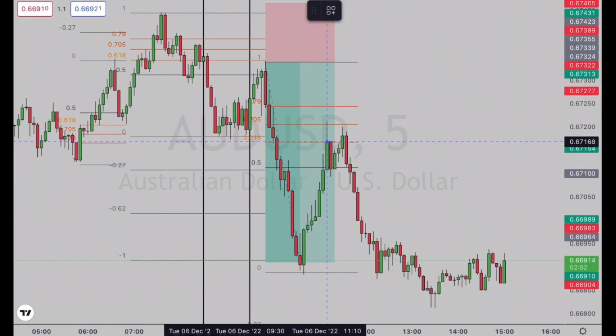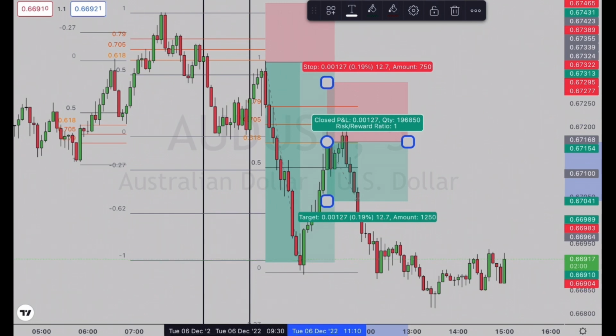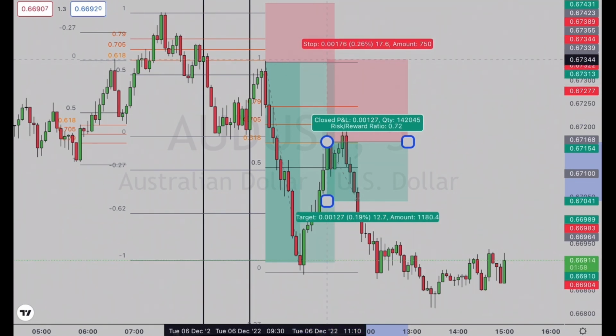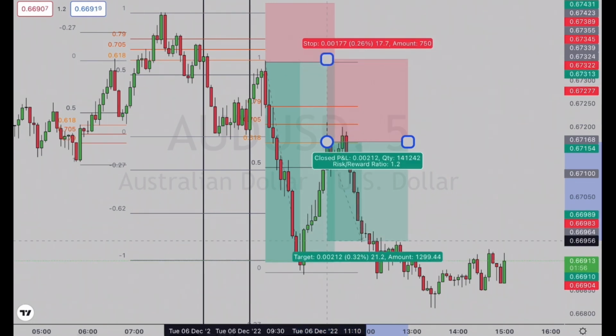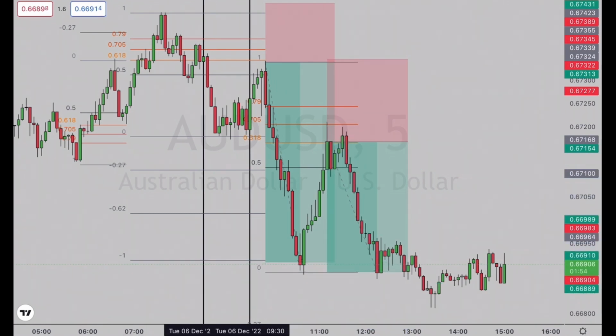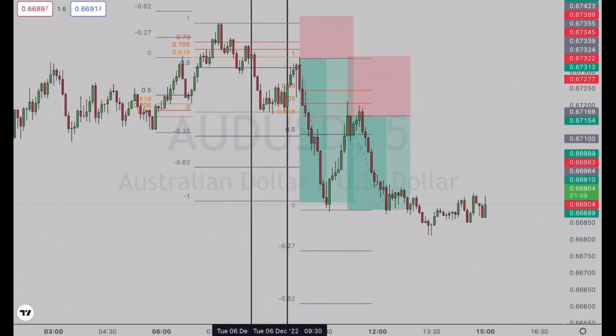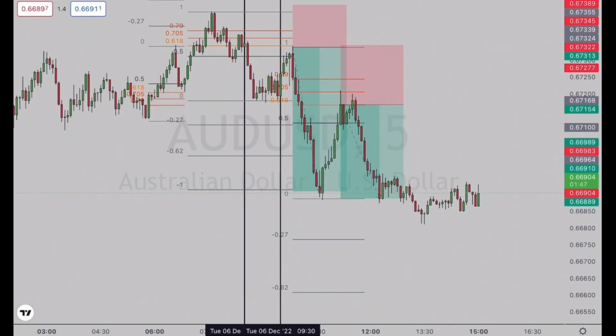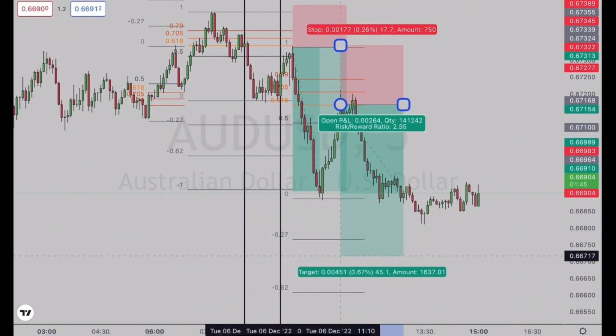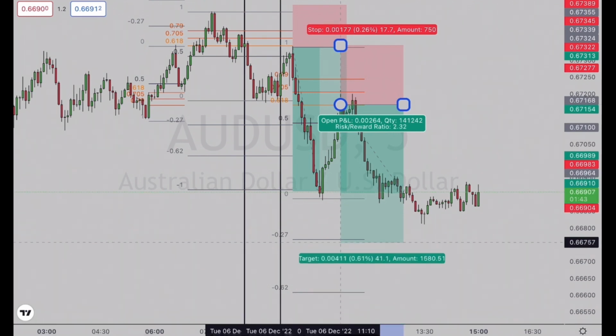Entry at the 0.618 level, stop loss at the last high, first take profit will be at the last low, your second would be here, your third here, your fourth there.